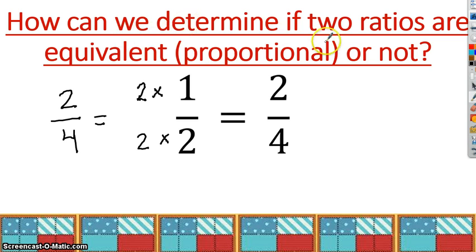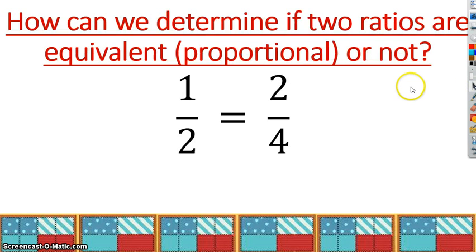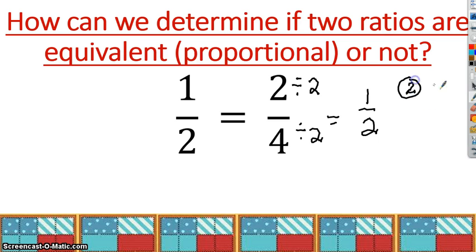So one way that we can determine if ratios are equivalent or non-equivalent is to expand to get a common number, which would be the denominators or the numerators. Another way, some of you may have visualized, is to reduce this ratio by 2 to get 1/2. So our second option is to reduce.